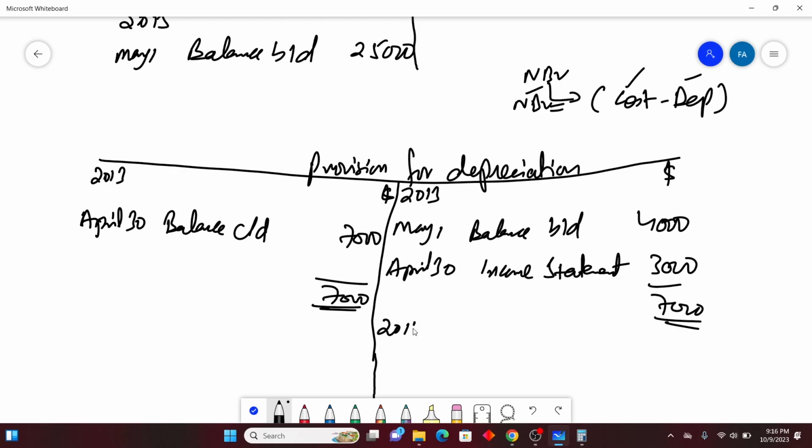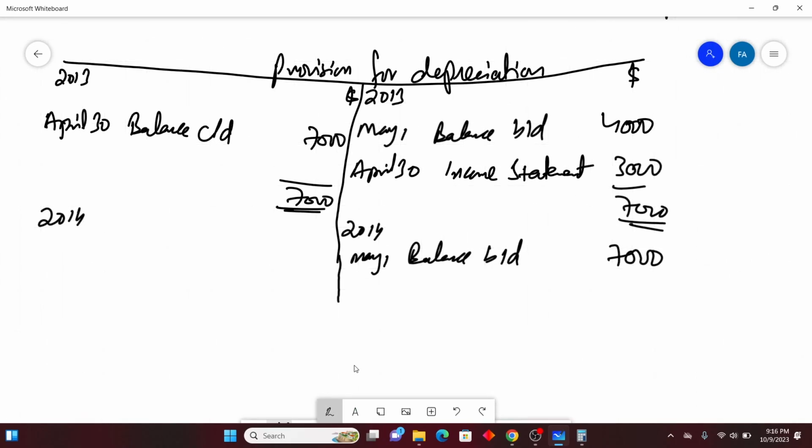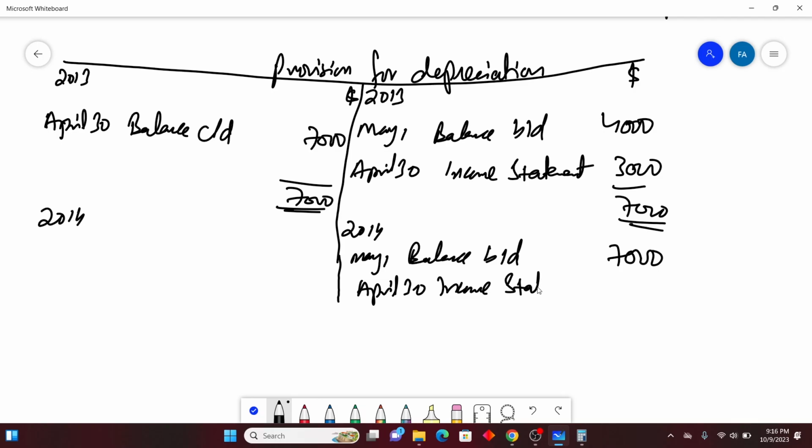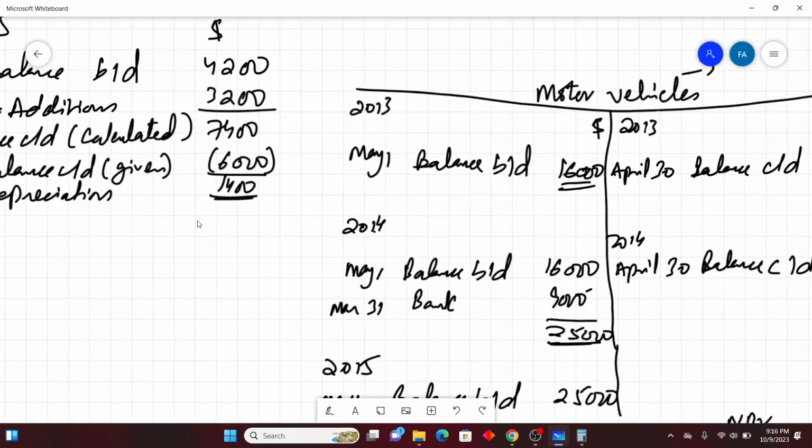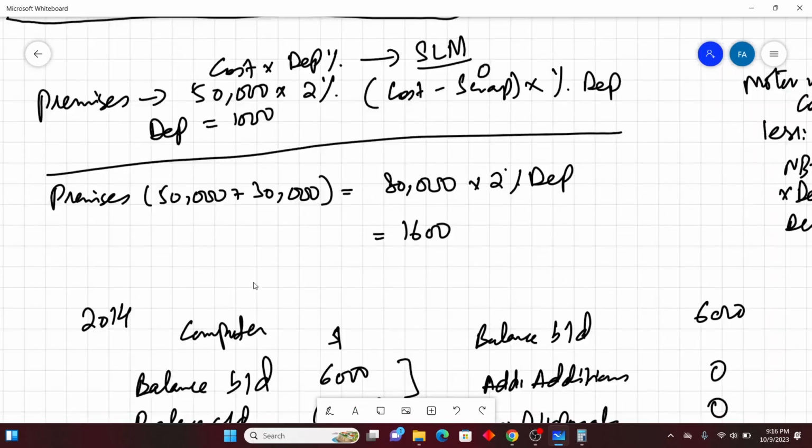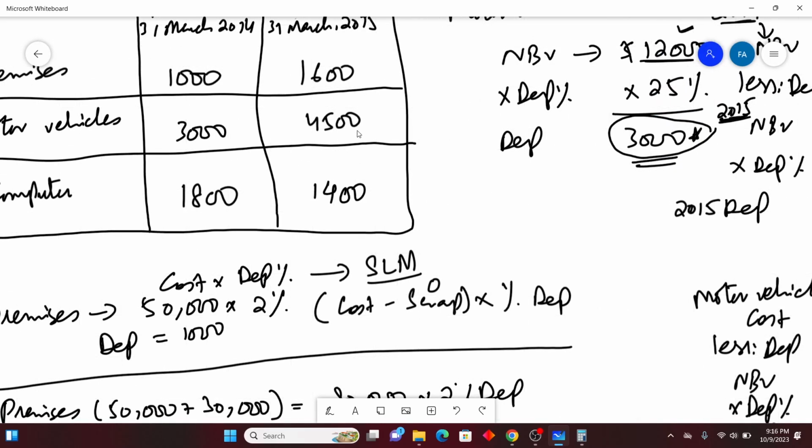And in 2014, the year will start again on May 1st. We have balance BD, which is again 7,000. Then on April 30th, again the income statement, which is the depreciation we have already calculated from the table. Let's see how much depreciation we calculated earlier. It is 4,500.